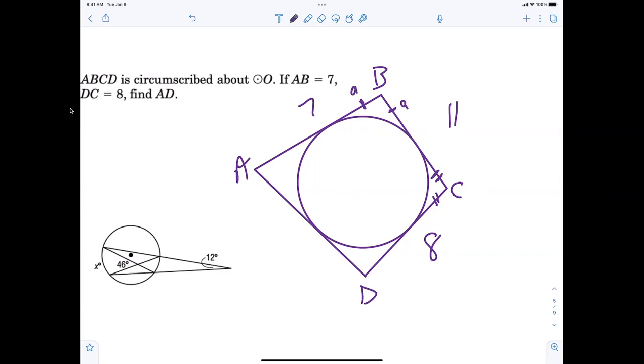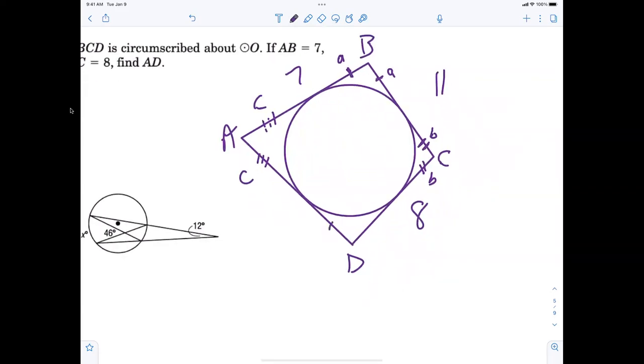And if this is B, this is also B. And let's just call this C and C. And just to be consistent, we'll call this down here D and D. Does everybody agree with that?